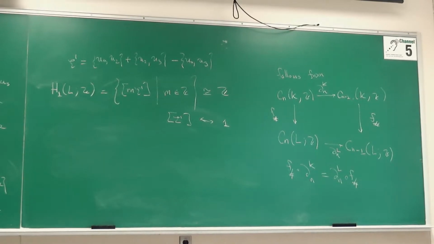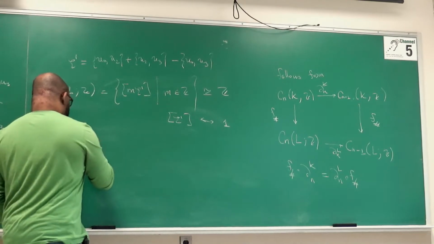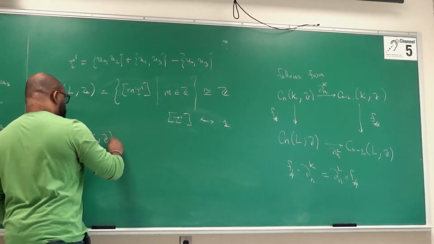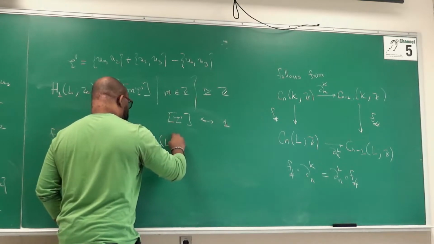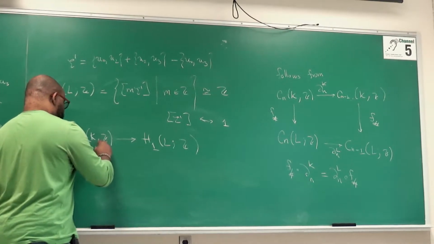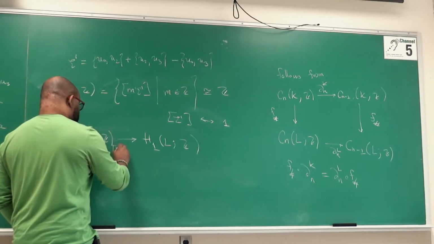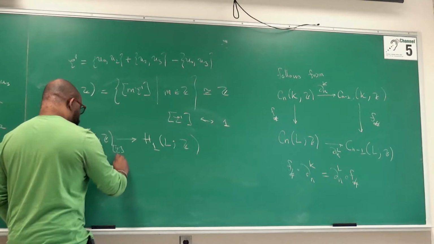Okay. Now let's try to think about the F star induced by F. So we want to think about F star from H1 of K to H1 of L. And I would like to remind you that this is Z, where we're putting zeta in correspondence with the number 1, right?